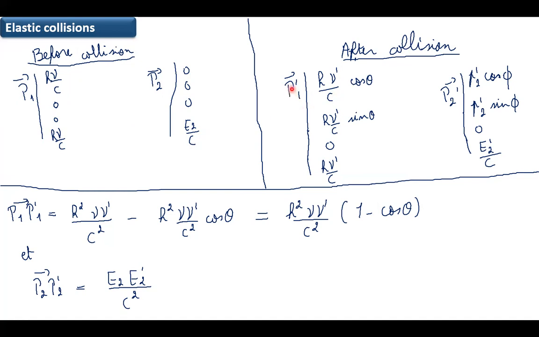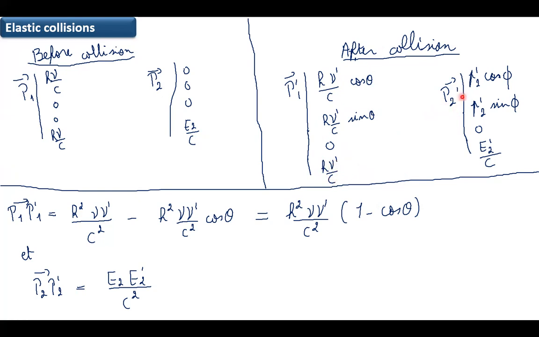For the photon, P prime 1 is h nu prime over c times cosine theta, because it is diffused at an angle theta with x, and along y, it's h nu prime over c sine theta, and over z it's 0, and the time coordinate is h nu prime over c.